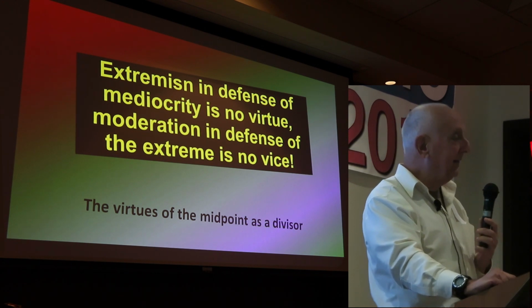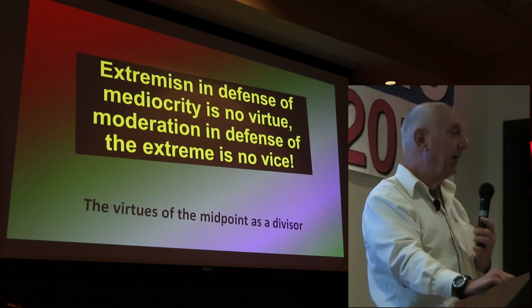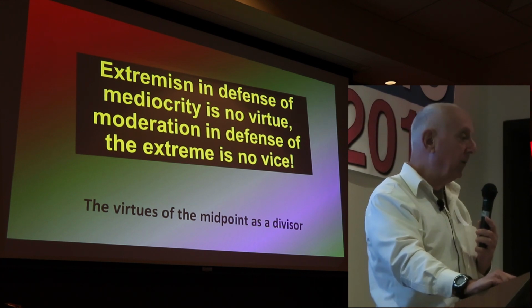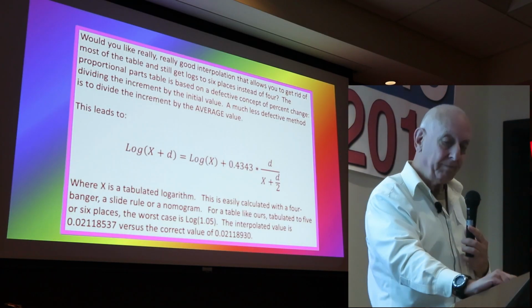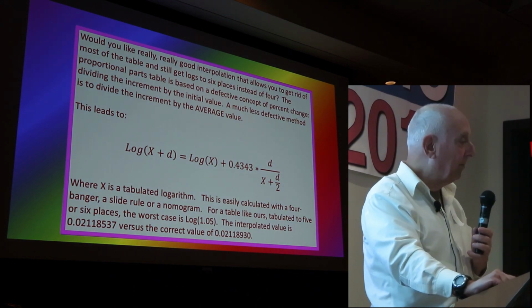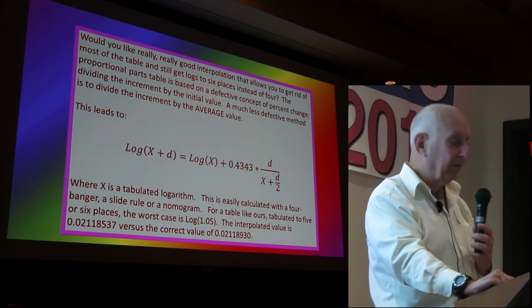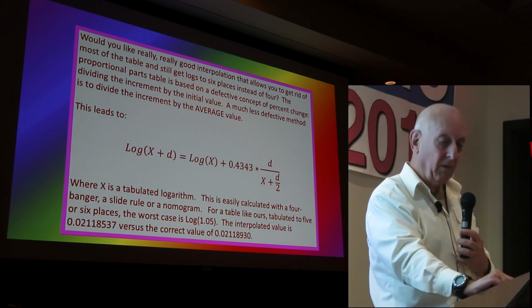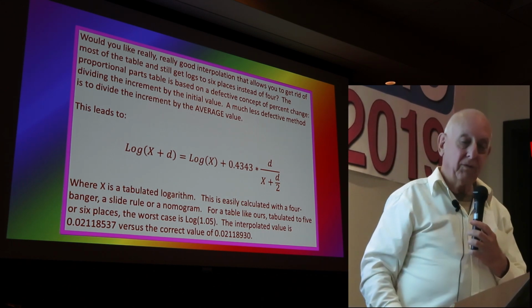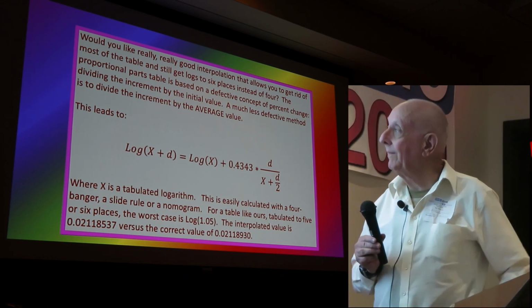And not only that, when you add percentage gains or losses, you end up with a big error. And if you use a midpoint as a divisor, you'll still have an error, but it will be much, much less. So what you would really like when you interpolate logs is a good approximation for logs that are close to 1 or close to some known log. And as you can see here, let me get my pointer out.